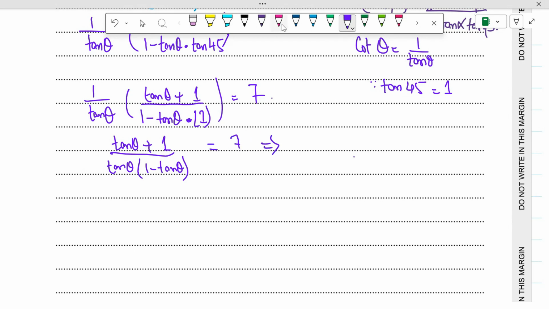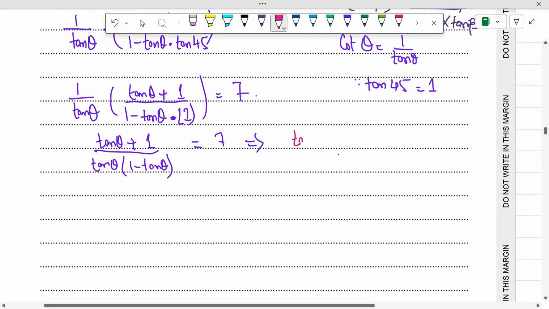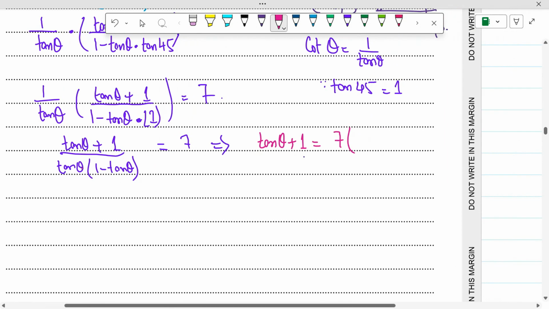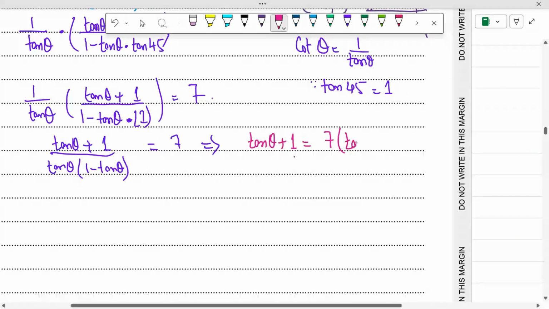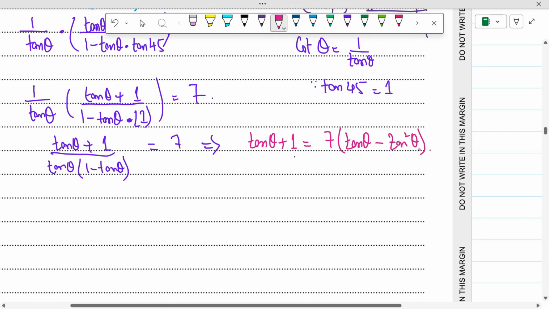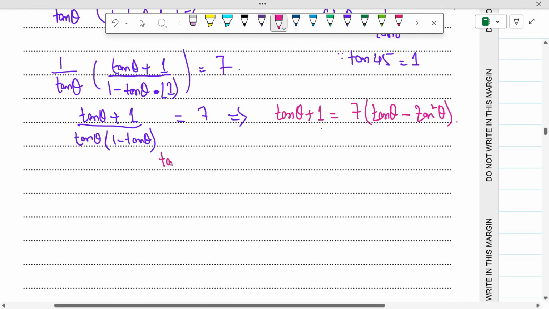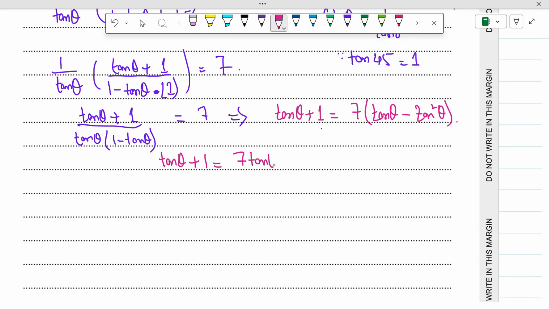After cross multiplication, we will have tan theta + 1 is equal to 7 times tan theta minus tan square theta.